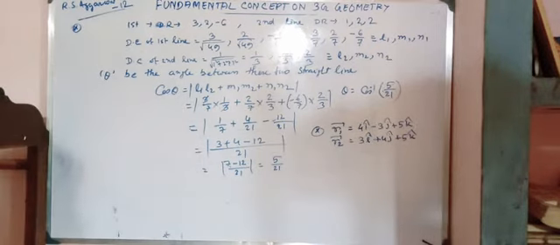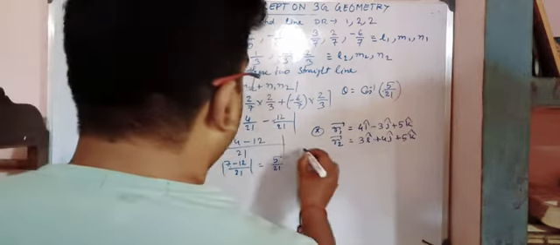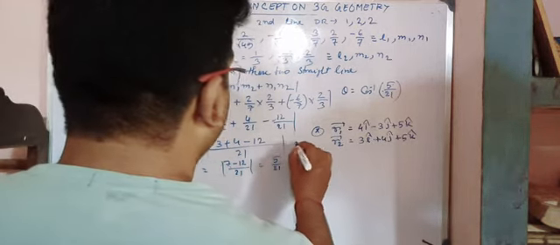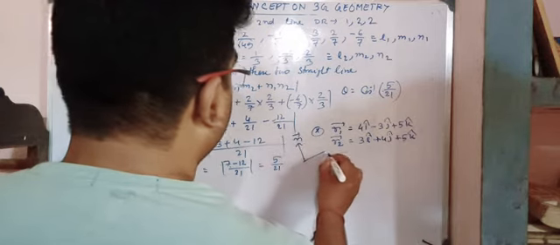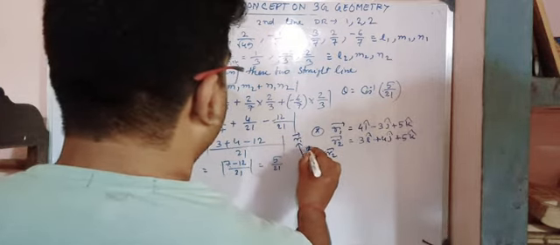Again we have to find the angle between R1 and R2. Suppose this is R1, this is R2, and the angle is theta.